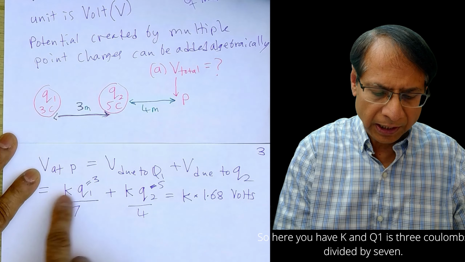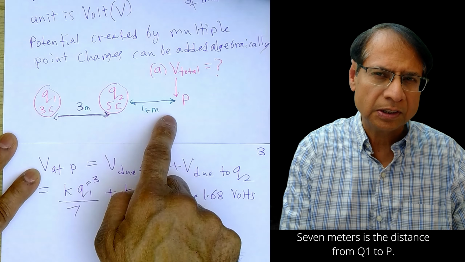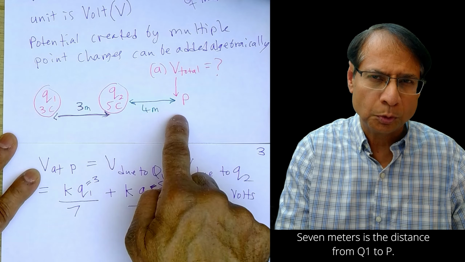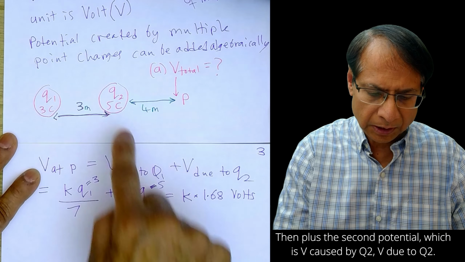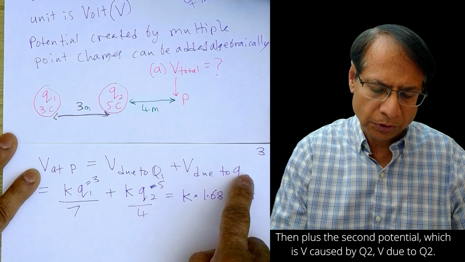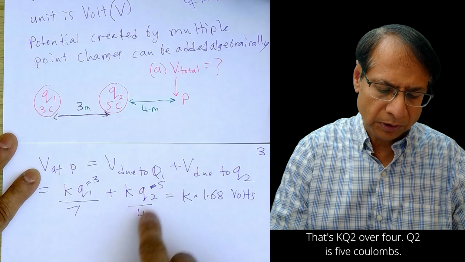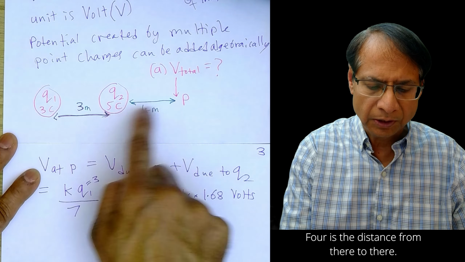So here you have K, Q1 is 3 coulombs, divided by 7. 7 meters is the distance from Q1 to P. Then plus the second potential, which is V due to Q2. That's K Q2 over 4. Q2 is 5 coulombs. 4 is the distance from there to there.